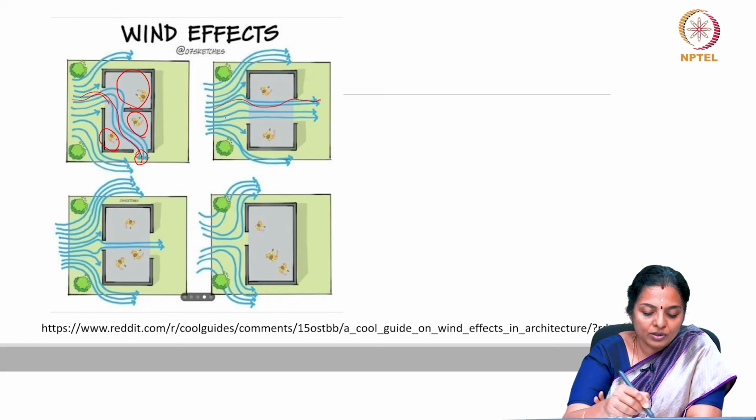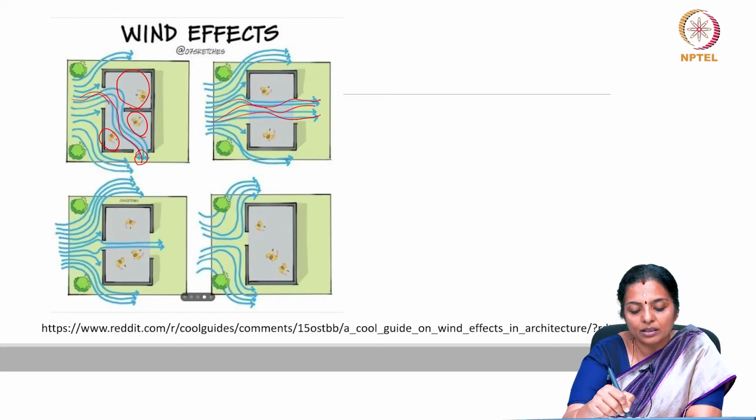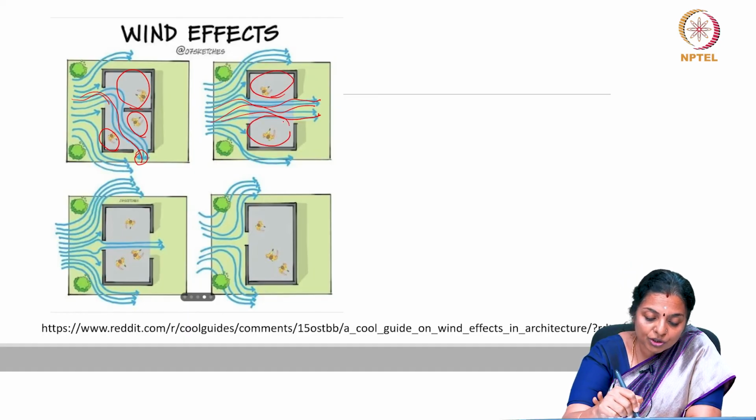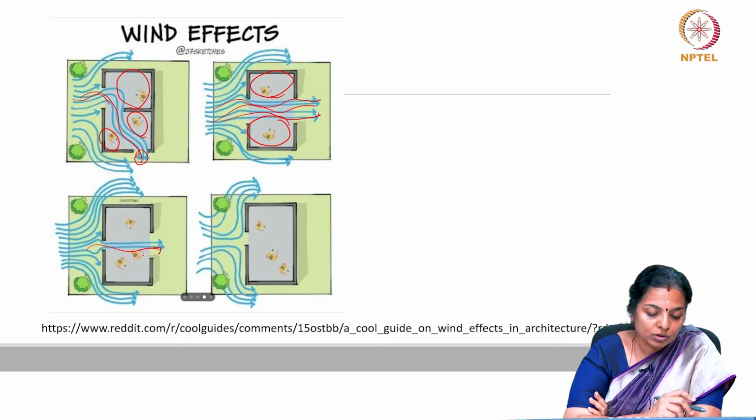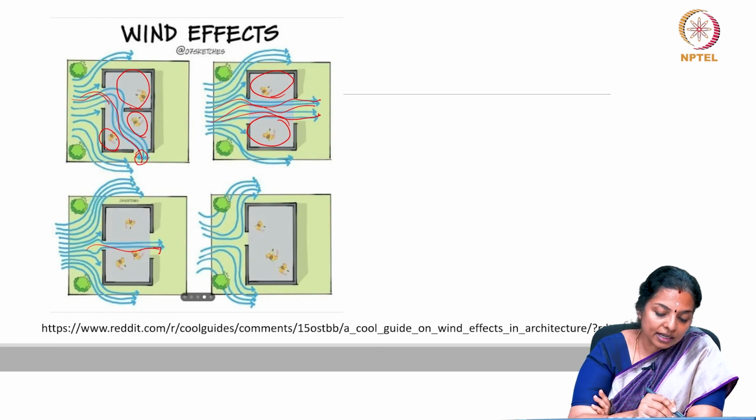This is not a good scenario because wind is passing through the house. The house will have ventilation in terms of good indoor air quality, but the breeze will not touch the human being. This scenario is also similar where wind just blows through the house and there are too many unventilated zones.